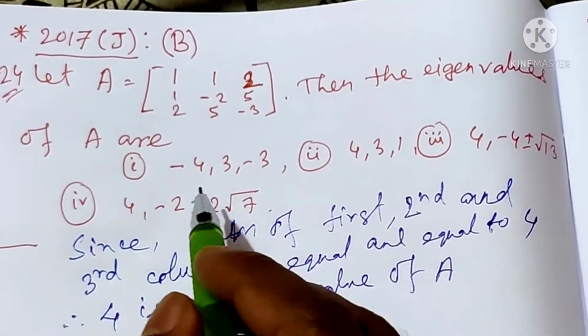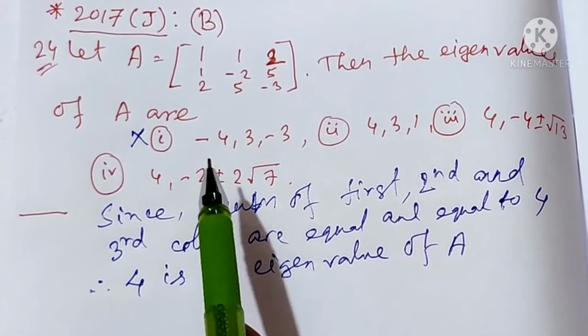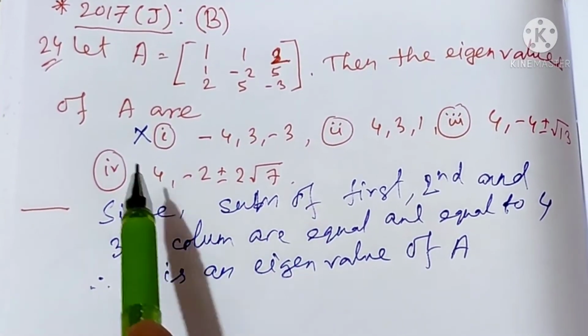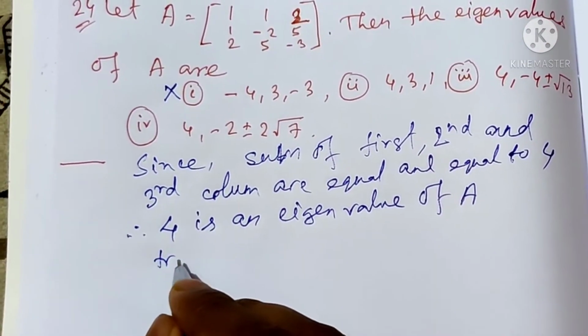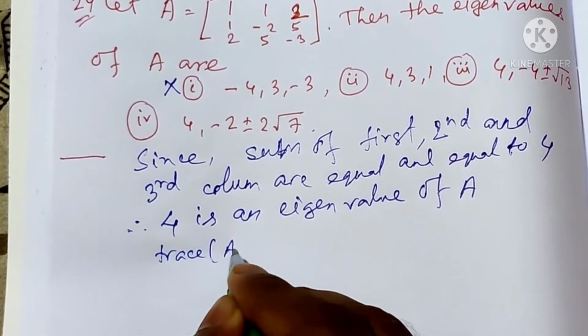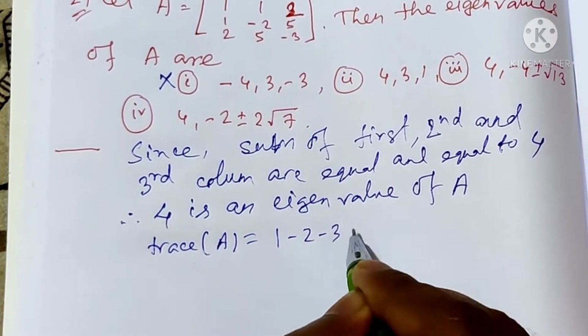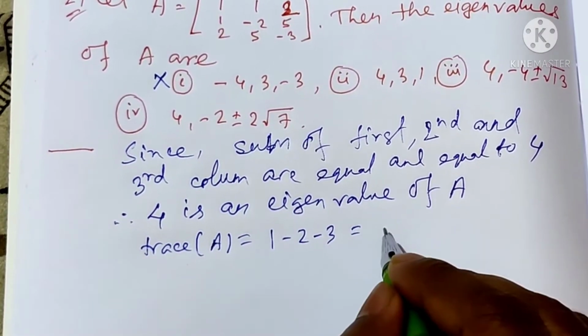So option 1 is false, since it has minus 4, 3 and minus 3, but 4 is an eigenvalue, so this option is false. Next, trace of A equals the sum 1 minus 2 minus 3, that equals minus 4.